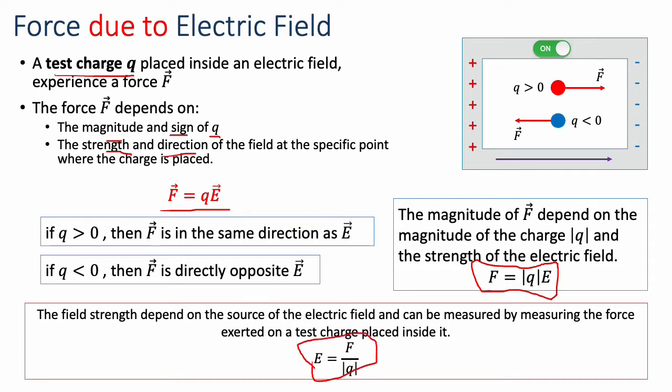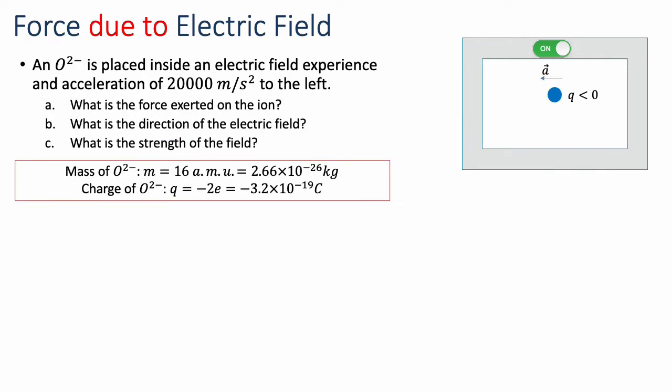Okay, let's take an example. F is the force due to the electric field. Let's take this ion, an O2 minus ion, so it's an oxygen ion. It has 2 extra electrons, so its charge is minus 2e, and I place it inside the electric field. I was able to measure its acceleration.